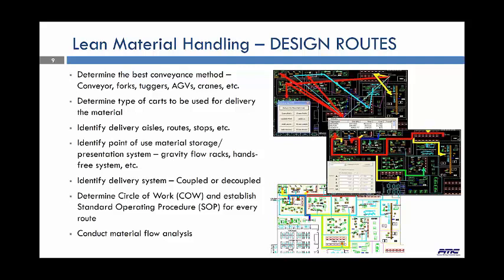Again, identify a delivery system, whether you want a coupled or decoupled system. A coupled system is where you have one route driver picking his own parts and delivering them to the line, along with any other activities with those parts. In a decoupled system, you have one person picking the parts and setting up the cart, and another person just delivering the route. In a decoupled system, you can minimize the labor.